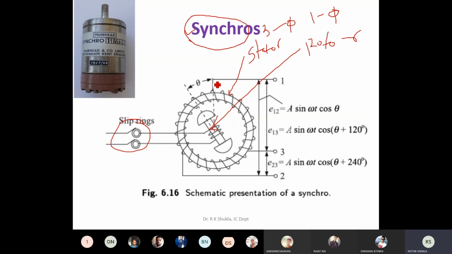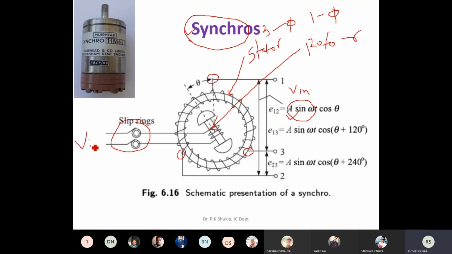Clear? There are 3-phase windings on the stator side, and all the 3 windings are displaced from each other by 120 degrees. Suppose this is your first stator winding, this is the second one, and this is the third one. And if you measure a voltage between say 1 and 2, then here you can see it is A sin omega t, which is nothing but your V input.